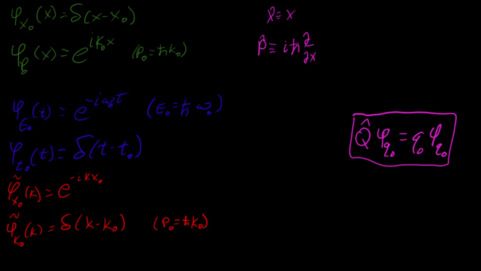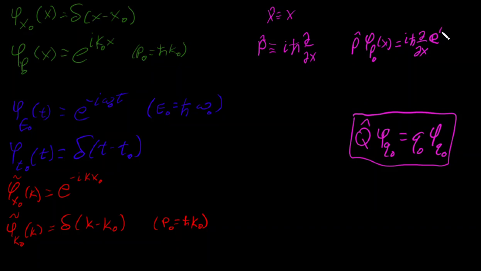And you can show, and actually I'll show right now, p hat times phi sub p naught of x is equal to i h bar partial x of e to the i k naught x, and remember you'll be able to pull that factor of 1 over root 2 pi out.